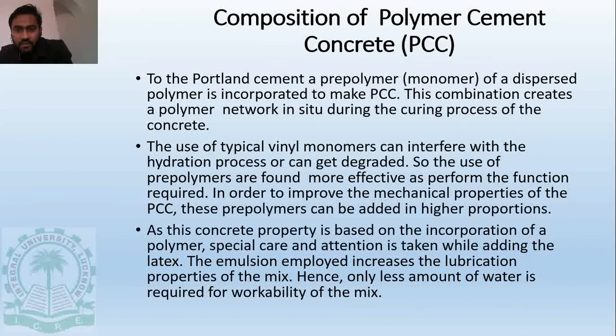So we use certain pre-polymers, which reduce this interference in the hydration process, and sometimes emulsion is also used to increase the lubrication when we use such concrete. The point here is we require specialized methods and a few chemicals in order to prepare such concrete. This is the point which makes it not very common, like the earlier one we just discussed.